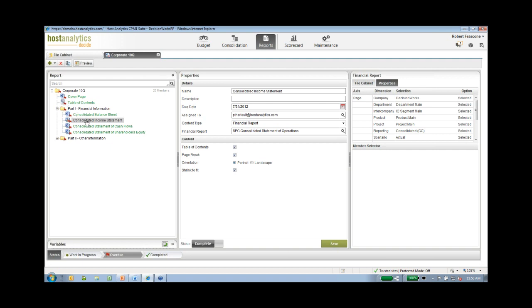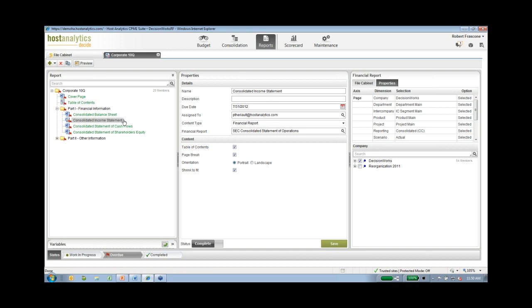For this consolidated income statement, if I had this report in multiple different sections throughout this whole structure right here, I'm not going to have to create that report several different times and then store those versions up here in my file cabinet. I'm going to use just one version of that report. But dimensionally, I'm going to be able to make some decisions on a section-by-section basis.